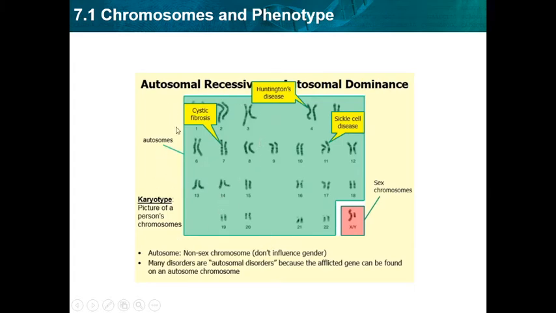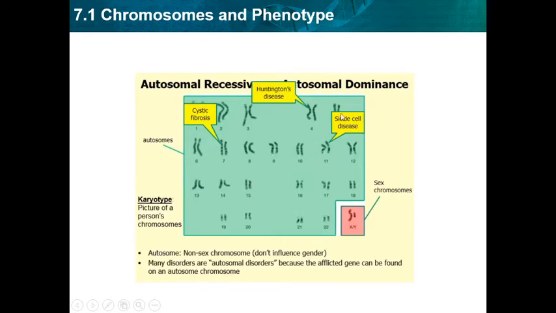Okay, these are some examples of disorders from the autosomes. One example is cystic fibrosis, which can be found on chromosome number 7, Huntington's disease on chromosome number 4, and sickle cell disease on chromosome number 11.